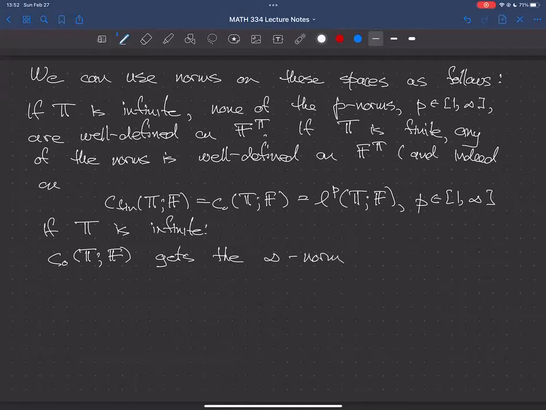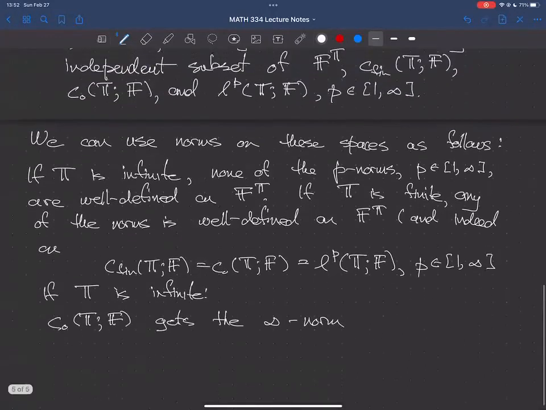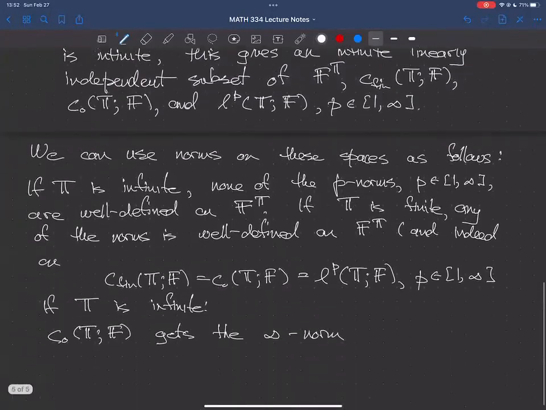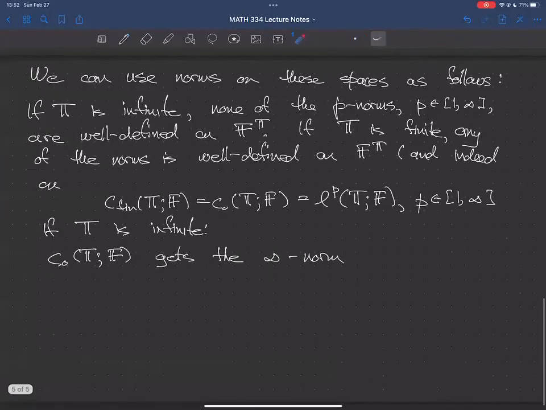Okay. So c0, these are the signals that die off to 0 at infinity. So they're all going to be bounded, and so the infinity norm makes sense on those.